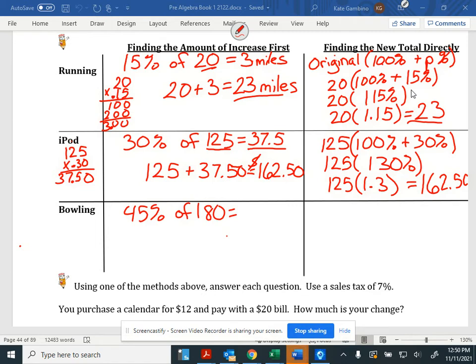It is 81. Remember, we are not done there. We're not going to have a score of 81. That's way too low. We want our score to be going up. If we started at 180, we want it to go up. So now we need to say 180 plus 81 equals 261. So that's what score we want to get to.